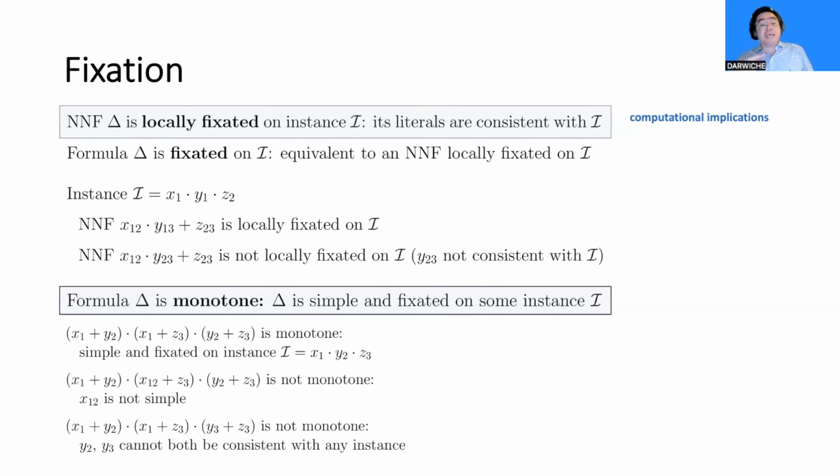One quick benefit of fixation. In Boolean logic, one way to compute prime implicates of a CNF is to close the CNF under resolution. At every step of resolution, you can throw out subsumed clauses, and you keep repeating this until you can't do it anymore. Then you get the prime implicate representation of the CNF. We defined a resolution rule for discrete logic; you'll see it in the paper, and we use it to show the same thing.